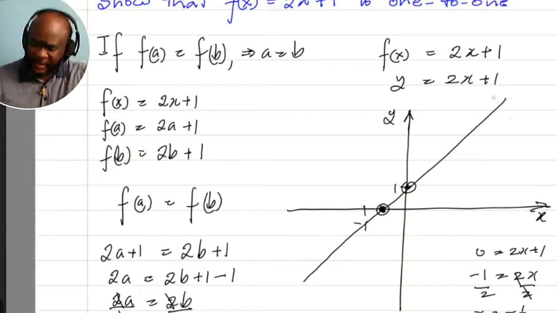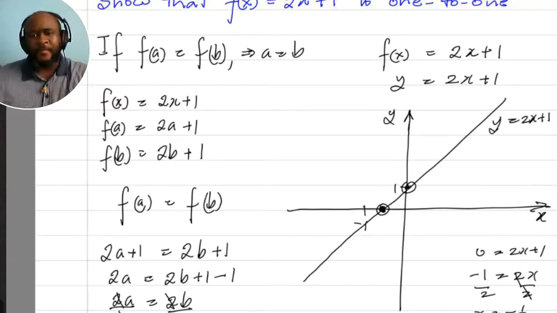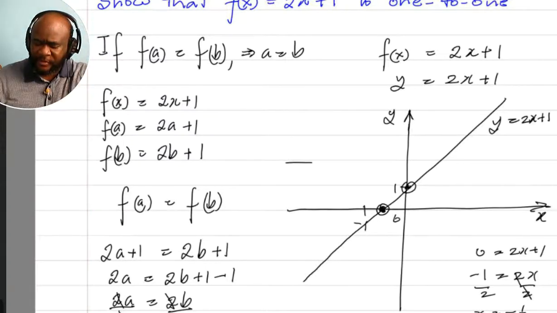Now this is the graph of y is equal to 2x plus 1. It is clear that every single possible line that I can draw parallel to the x-axis would cut this graph only once. Let's draw one of them.